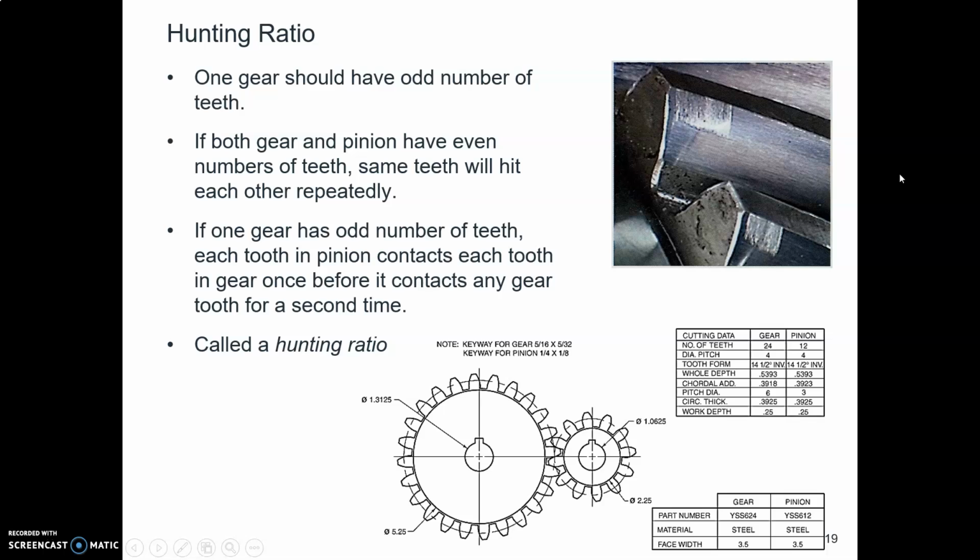If you put an odd number of teeth in one of them, like maybe in the gear, the bigger one, the gear ratio is going to be very, very close to the same gear ratio you would have had with an even number of teeth. But these gears will have to go around many times before the same 2 sets of teeth hit each other again.